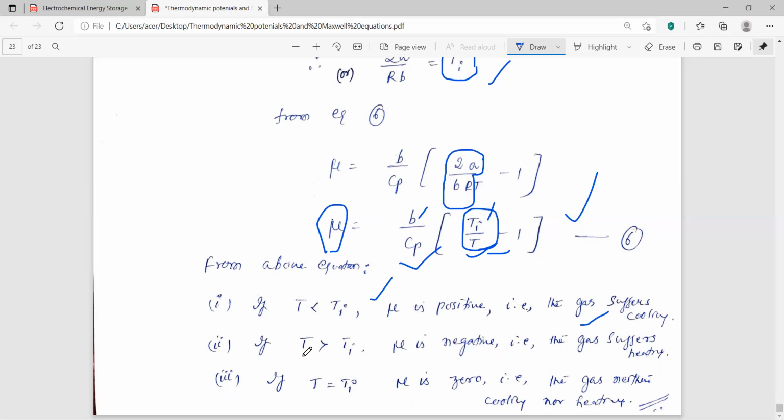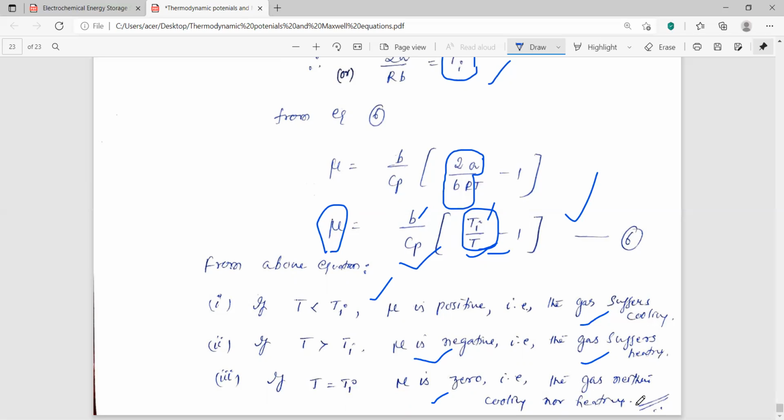If T is greater than Ti, so the temperature at which the process is running is greater than the inversion temperature of the gas, then μ becomes negative. That is, the gas suffers heating. If T equals Ti, then μ is 0. That means the gas is neither cooling nor heating.